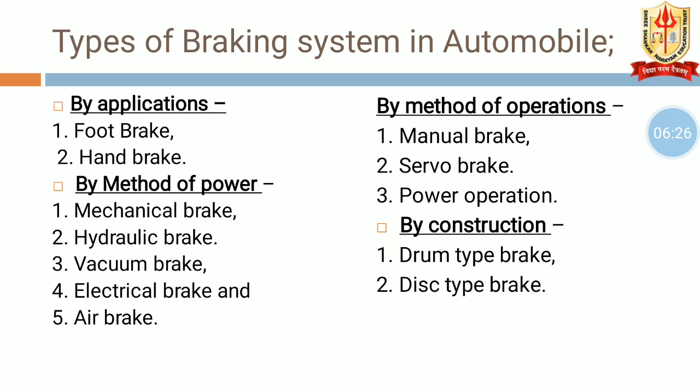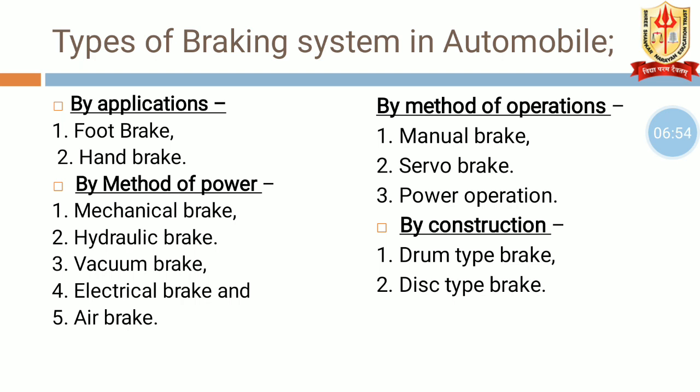Then the next one is by the method of operation, how it is going to be operated. When it is operated manually, it is a manual brake, servo brake, or power brake. Then by the construction, which kind of construction is there in the brake, there are two types: the first is drum type brake, and the next is disc type.